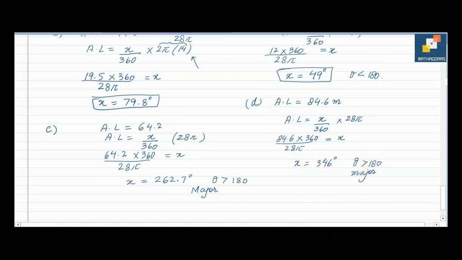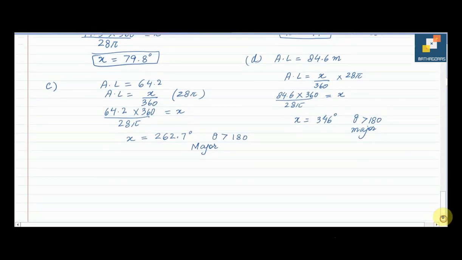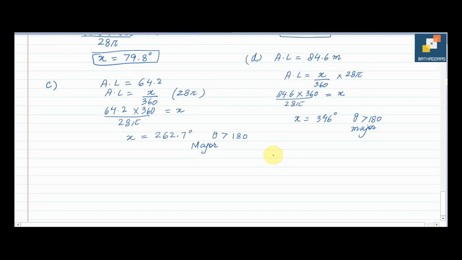So in today's class we have learned how to use the working formula of arc length, that is equal to angle divided by 360 multiplied by 2 pi r.